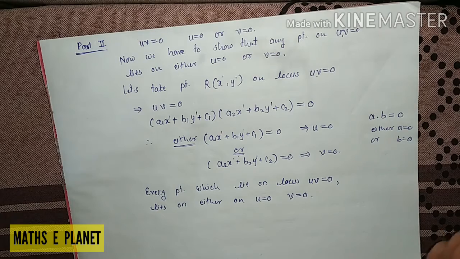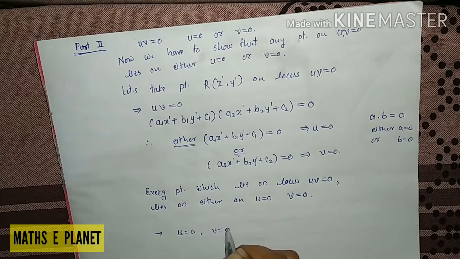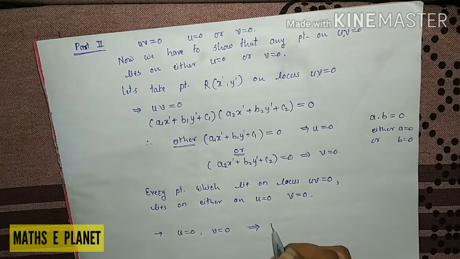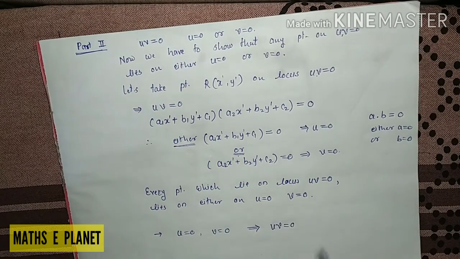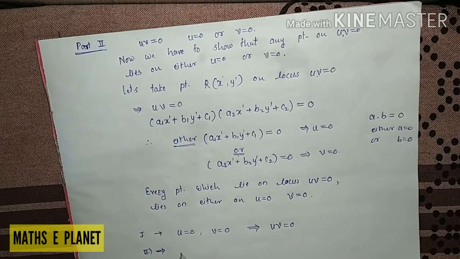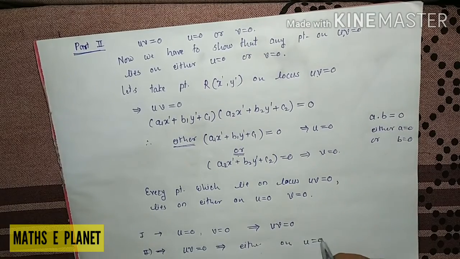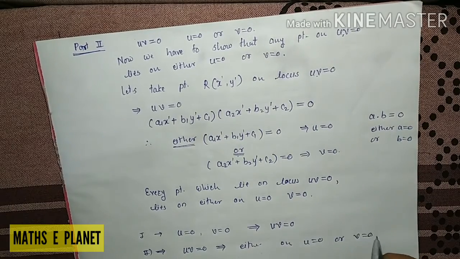So in the first part we showed that any point which lies on u is equal to 0 and v is equal to 0 always lies on u into v is equal to 0. And in the second part we showed that every point which lies on u into v is equal to 0 lies either on u is equal to 0 or v is equal to 0.